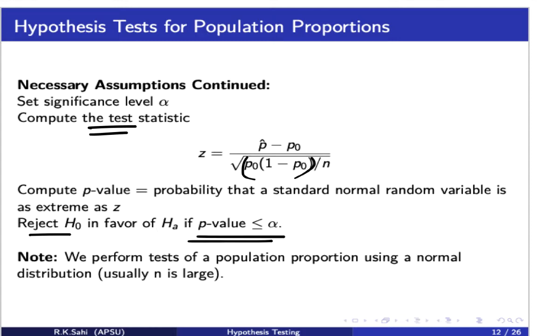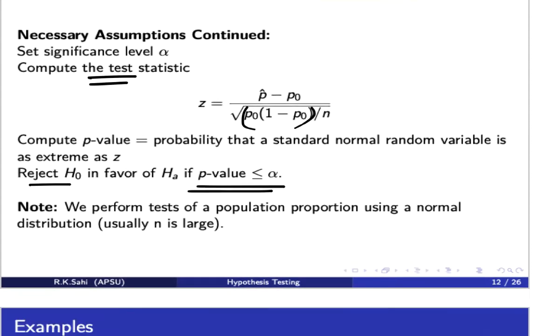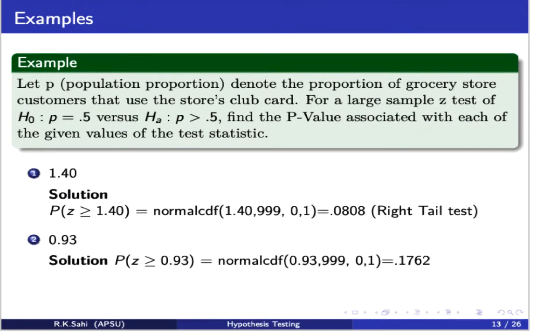Now let's look at some examples. Let P, the population proportion, denote the proportion of grocery store customers that use the store's club card. For a large sample Z test of the null hypothesis versus the alternative hypothesis, we would like to find the p-value associated with each of the given values of the test statistic.